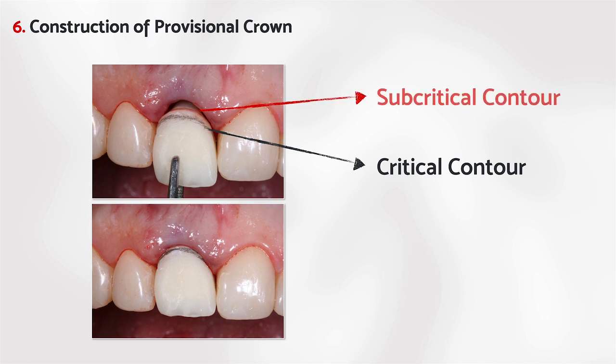And subcritical contour is going to be made half a millimeter above the first mark. And above this area, we have the subcritical area. So the anatomical contour of the provisional restoration, the ideal emergence profile, should be made from the subcritical contour to the head of the implant.